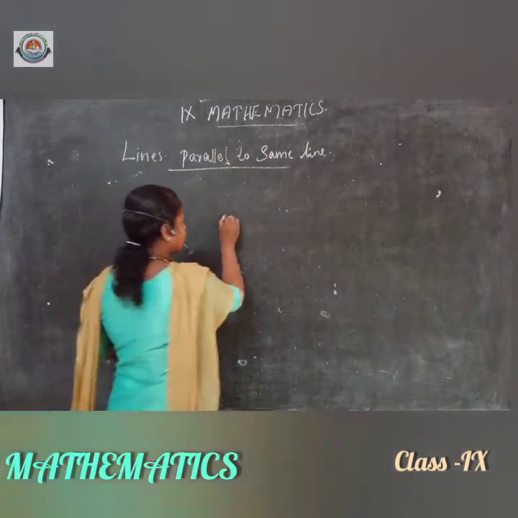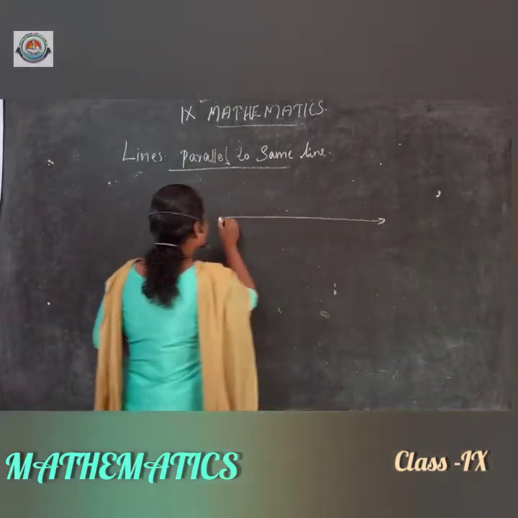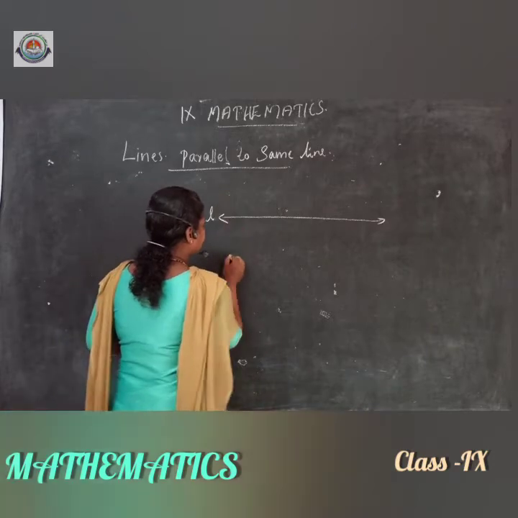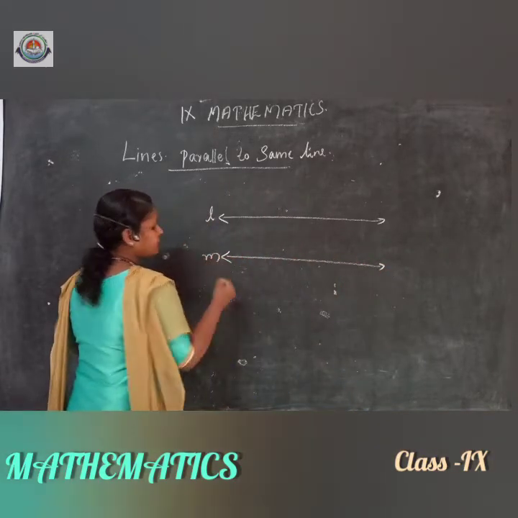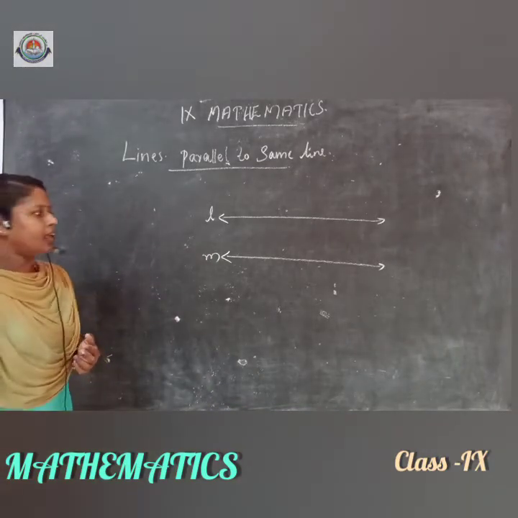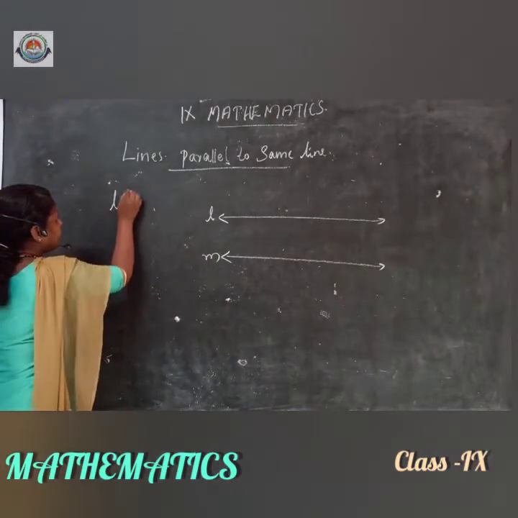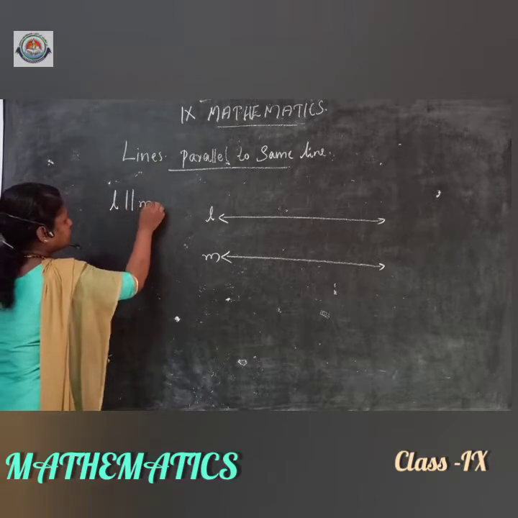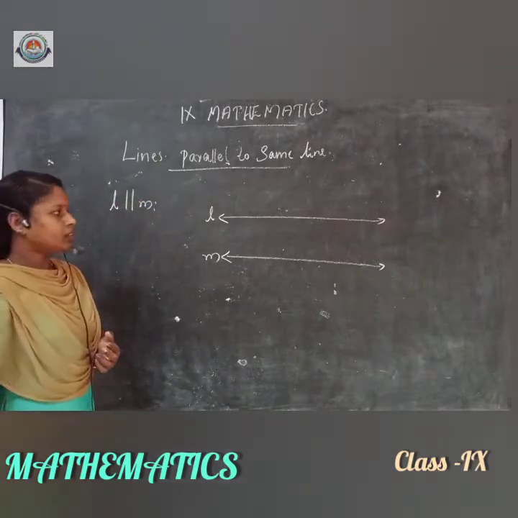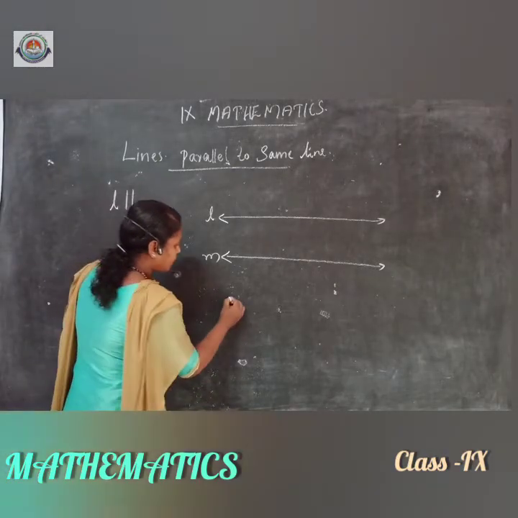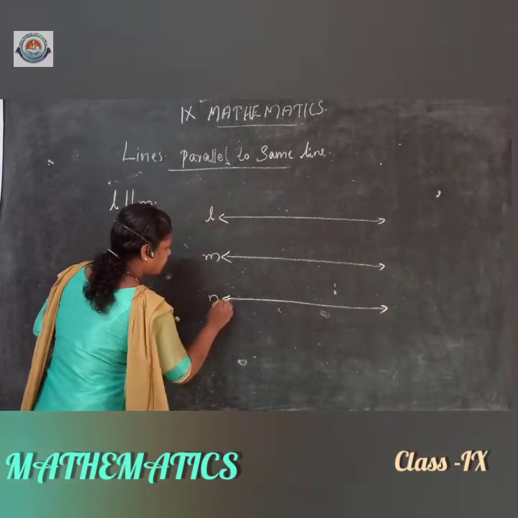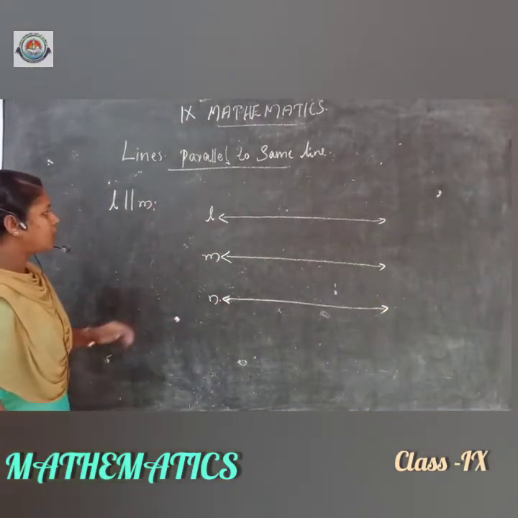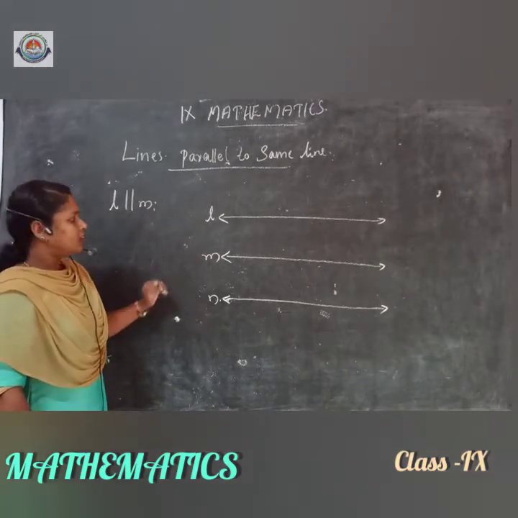Suppose we have two lines L and M, and line L is parallel to M. We can take one more line, line N. Here we have three lines.